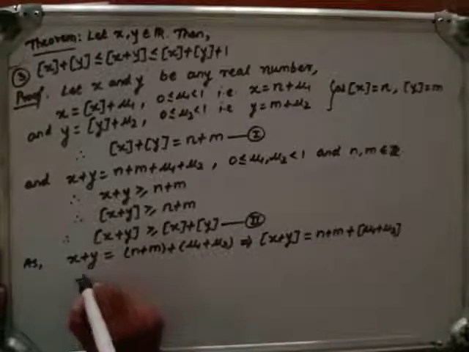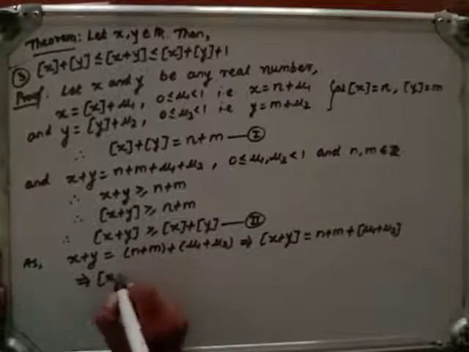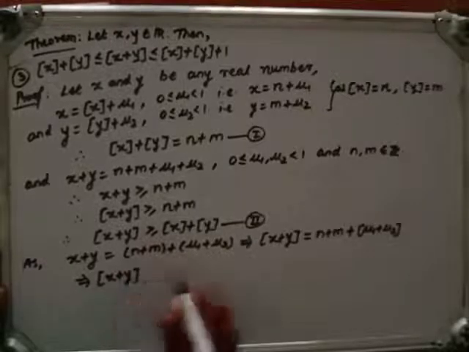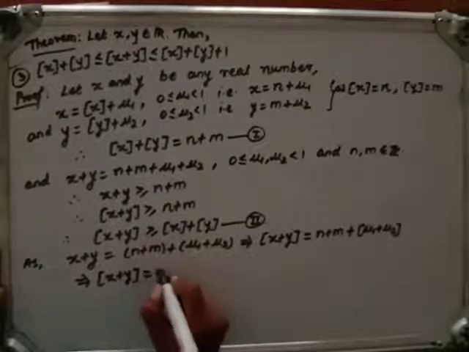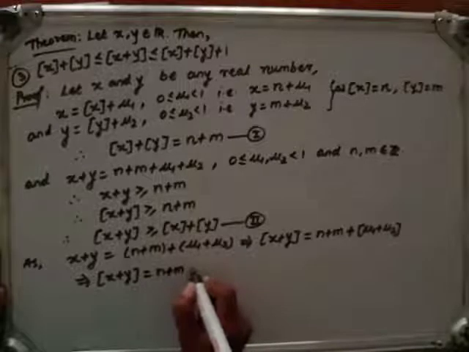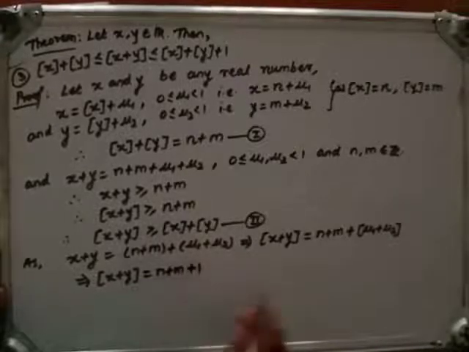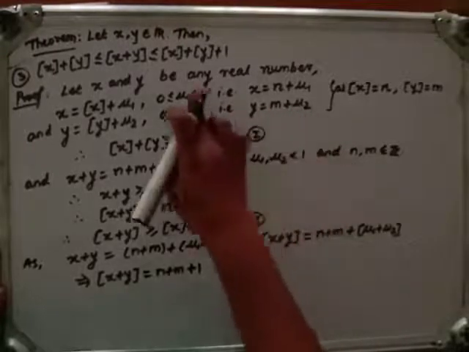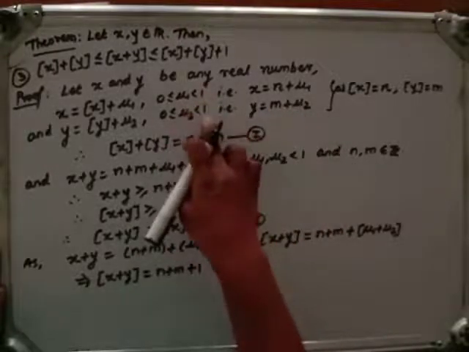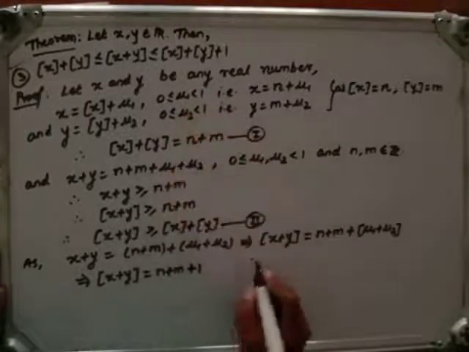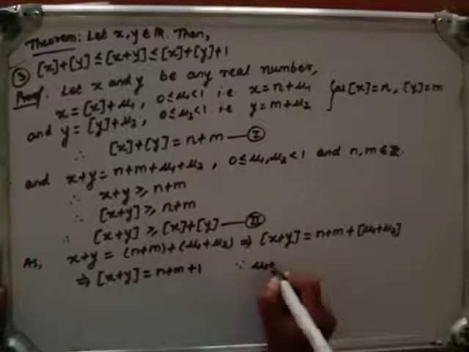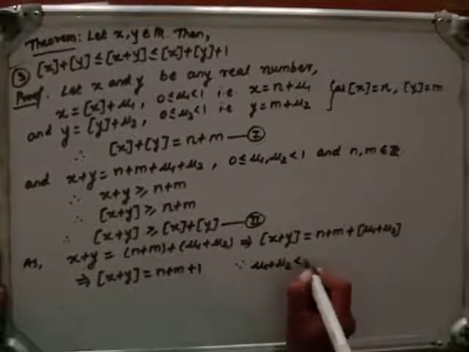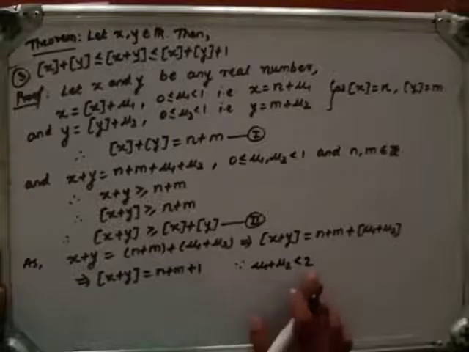Therefore, what does this give? The greatest integer function of x plus y equals n plus m plus 1. Why? Because if mu1 and mu2 are each less than 1, but have some values, then mu1 plus mu2 is less than 2.